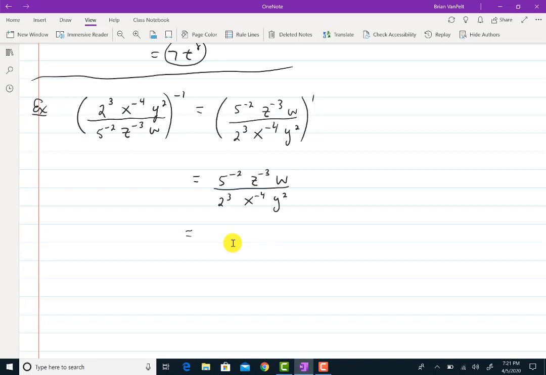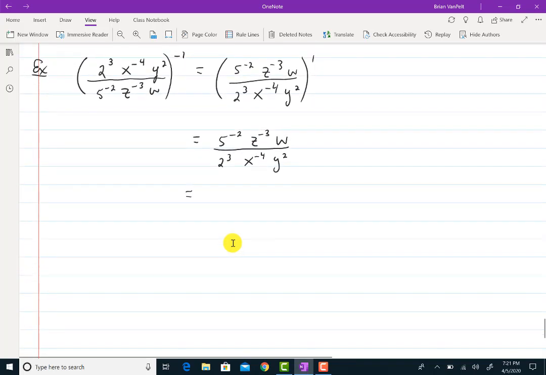Okay, now in order to fix all these exponents to make them positive, I'm going to leave whatever's already positive alone. That means in the numerator I have a w, in the denominator I have 2 to the third and a y squared. All the rest of the numbers and variables, like this 5 to the negative 2 and such, have to change position.